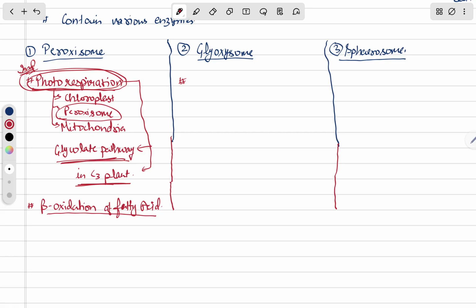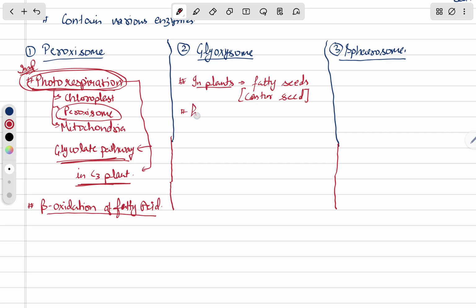Next is glyoxysome. In plants, glyoxysome is present in fatty seeds such as castor seeds. Now, what is the function of glyoxysome?